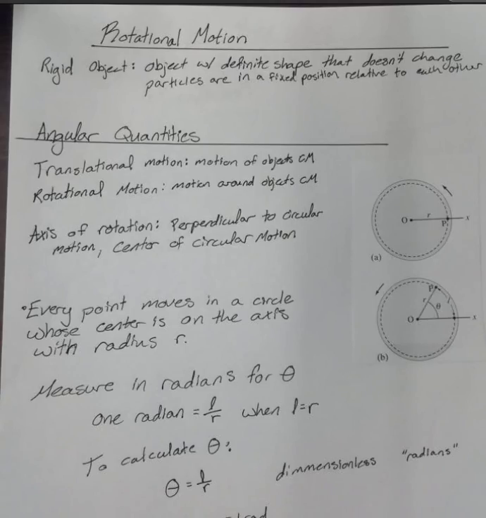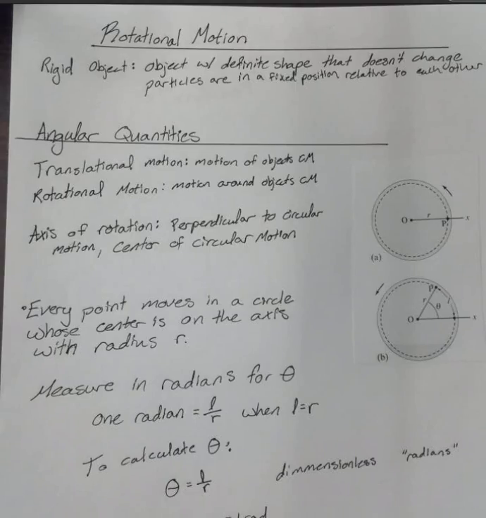We'll look at the kinematics of rotational motion, then the dynamics of rotational motion, and instead of forces we study torque. Forces are for translational motion, torque is the equivalent for rotational motion. We're also going to look at rotational kinetic energy and rotational, or angular, momentum for an object that's rotating.